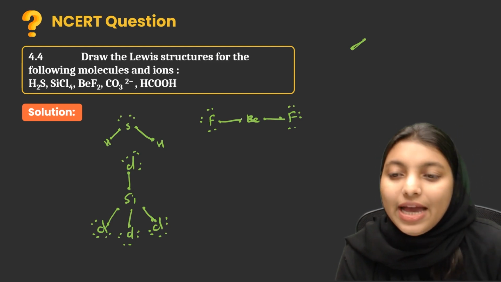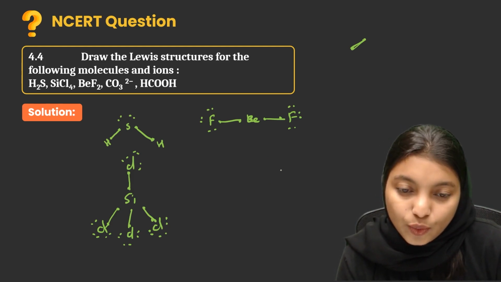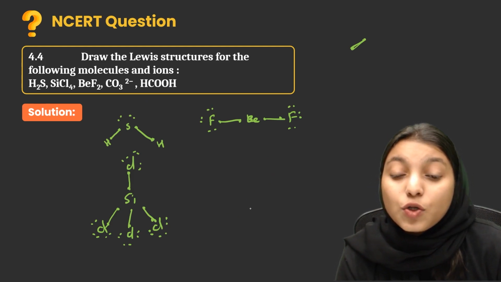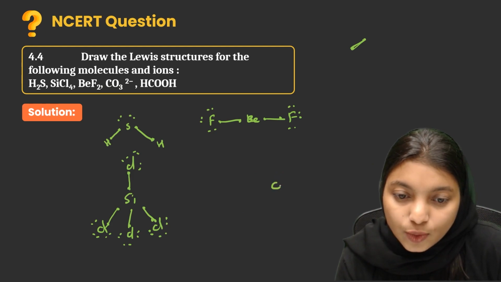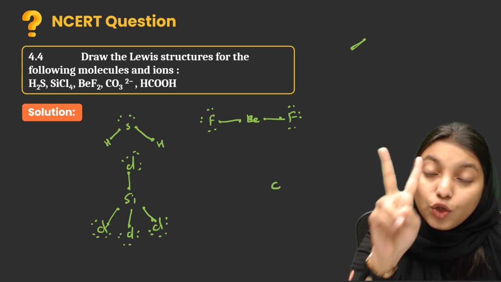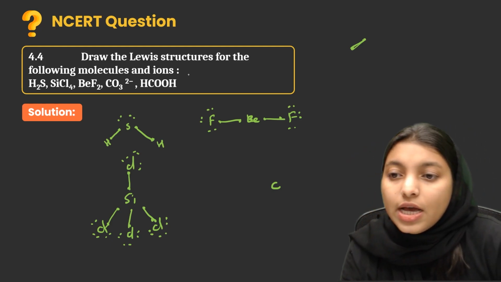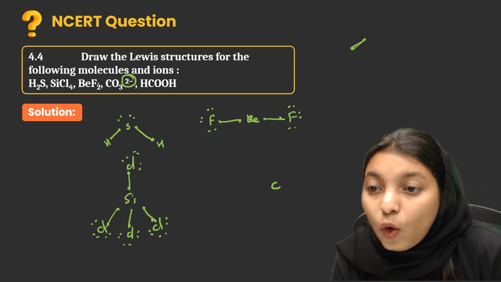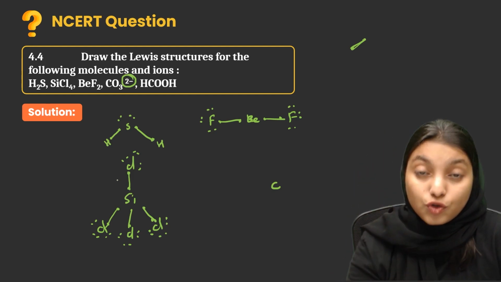Now CO3 2 minus. We know each carbon needs 4 electrons and each oxygen needs 2 electrons. So it is given that the CO3 has gained 2 electrons.